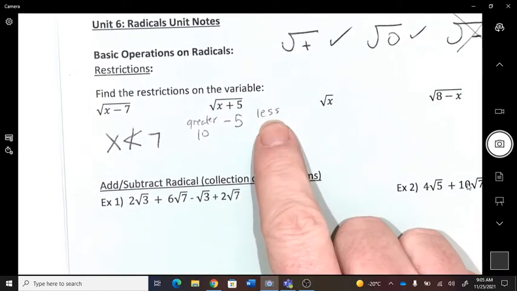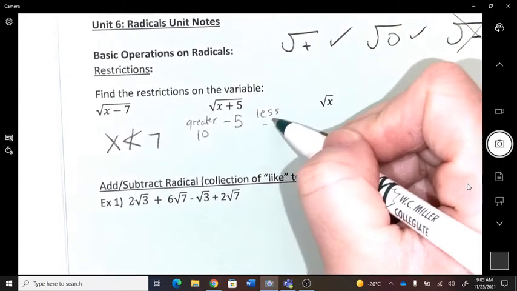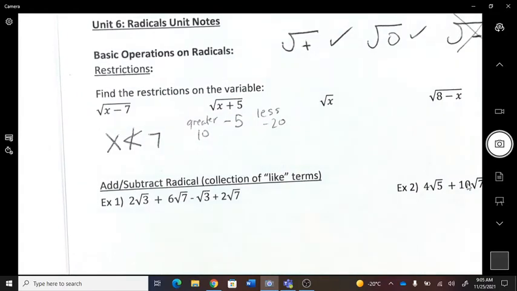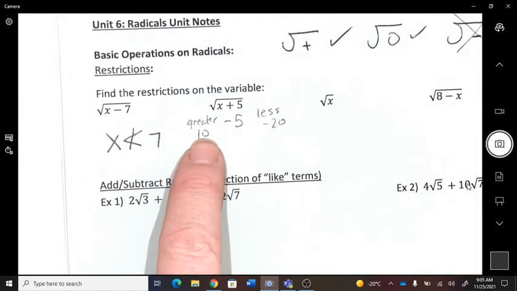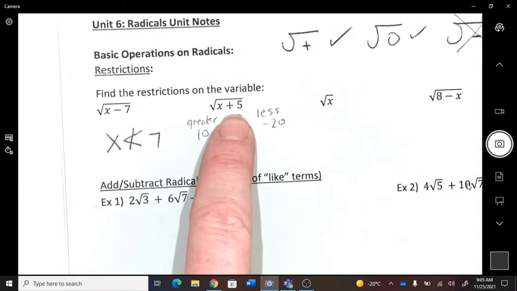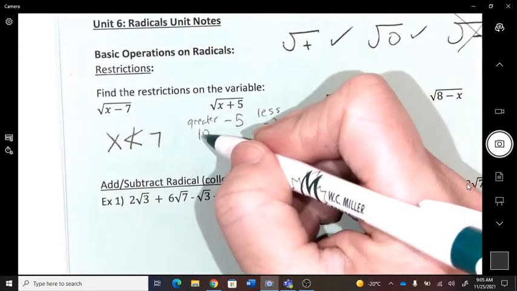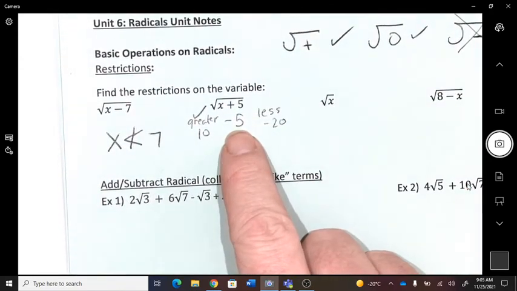Think about something that's less than negative 5. Negative 20. Okay, so which works? 10. 10 plus 5 is 15. Can I square root that? Yeah. Can I square root it if it is exactly negative 5?